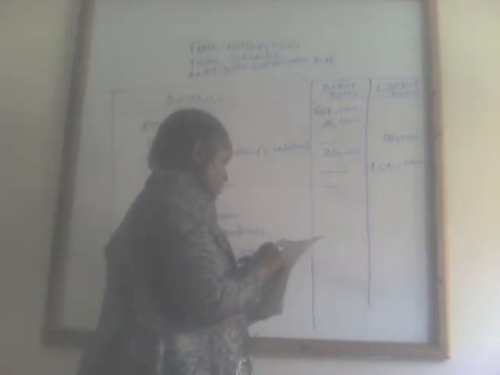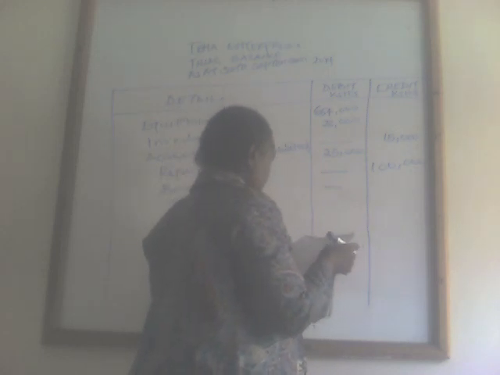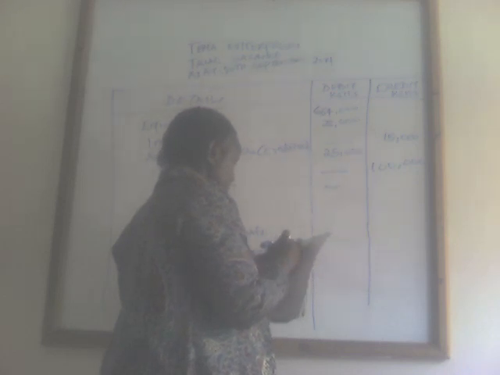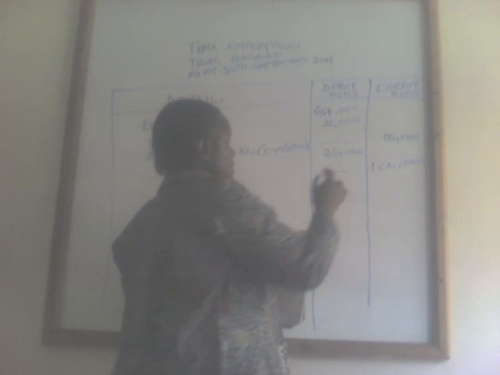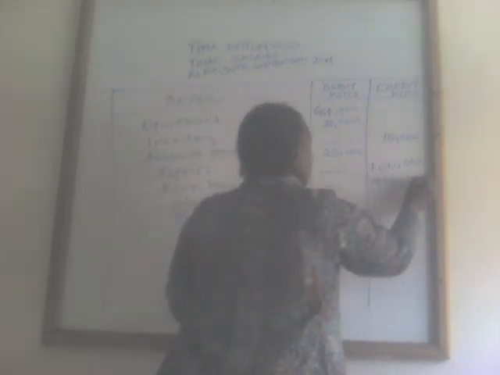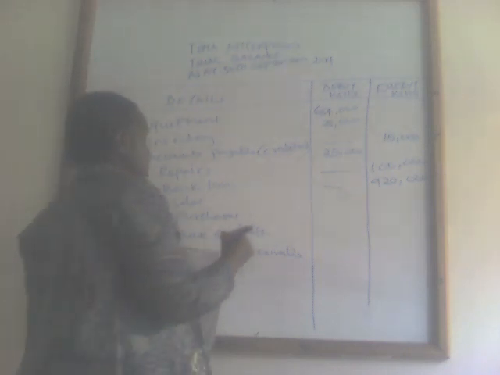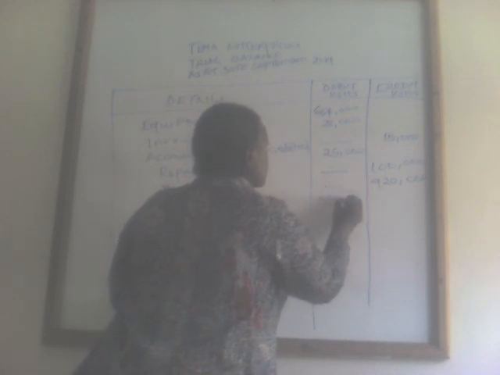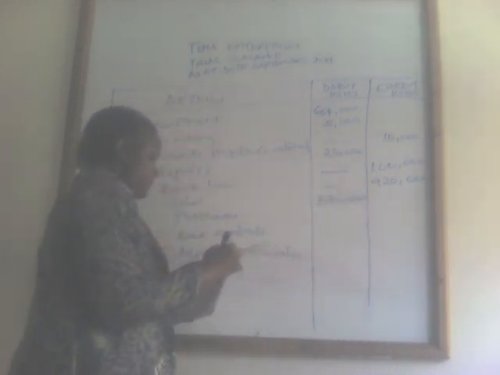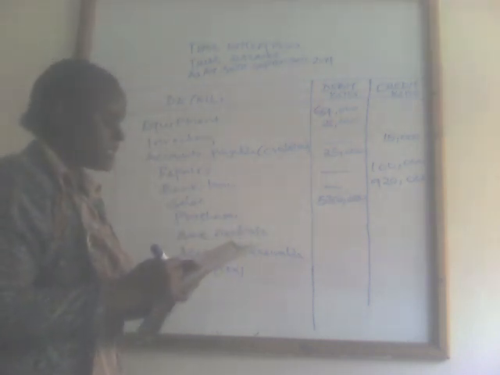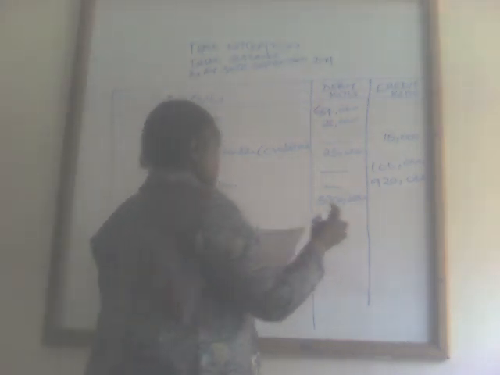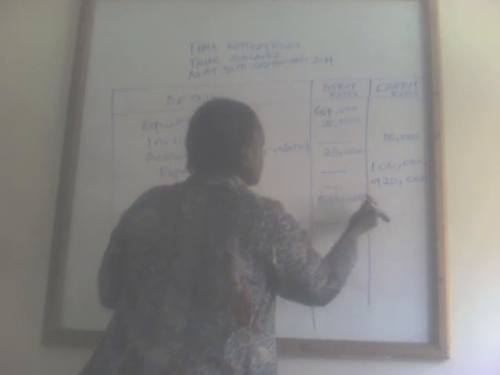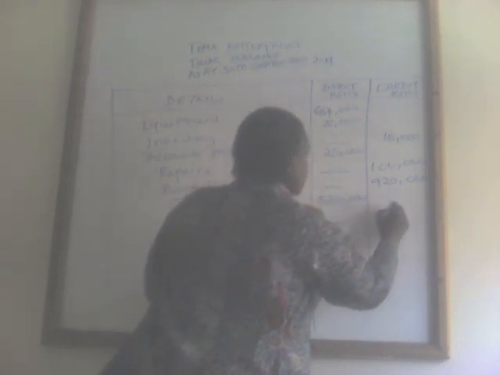We record on the credit side, 920,000. We have purchases, we debit 530,000. Bank overdraft is a liability, we credit 44,000.